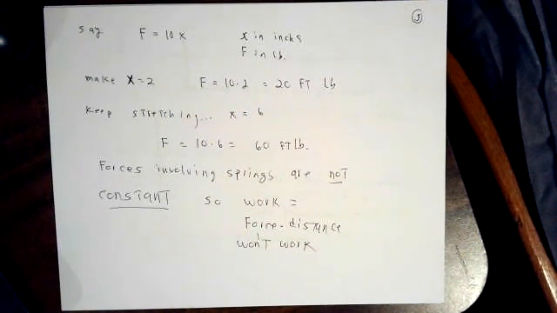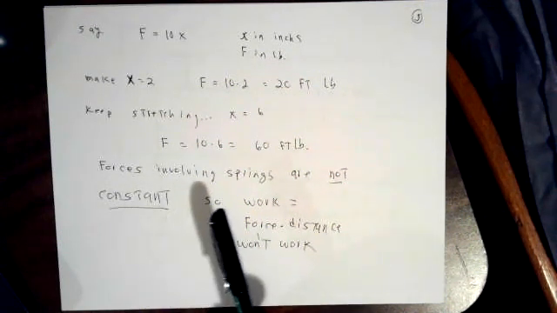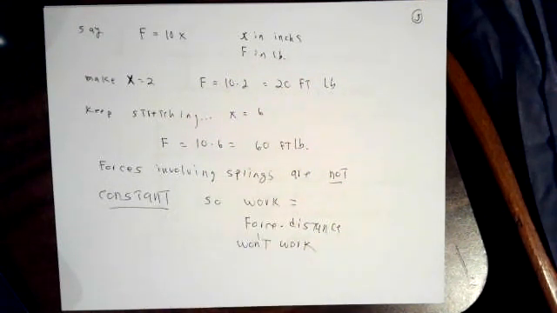If you stretch it out to 6, the force involved is 10 times 6, which is 60 foot-pounds. If x is small, the force is small, and if x is big, the force is big. So this is not a constant force. Our idea about work equal force times distance doesn't apply here. It won't work. If you do that, you'll get the wrong answer.